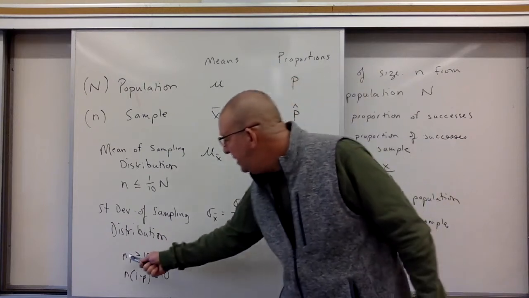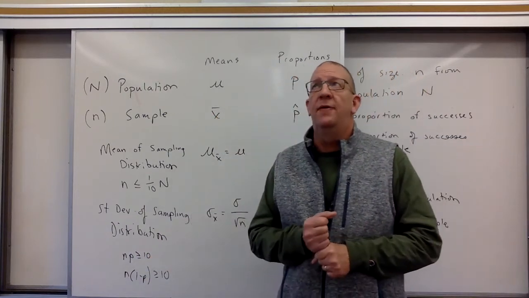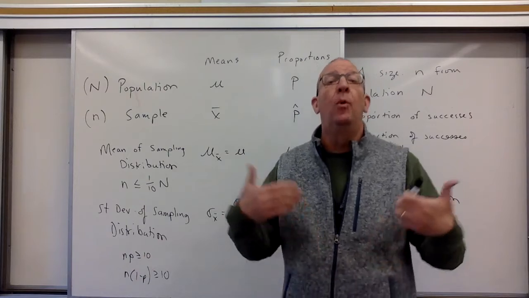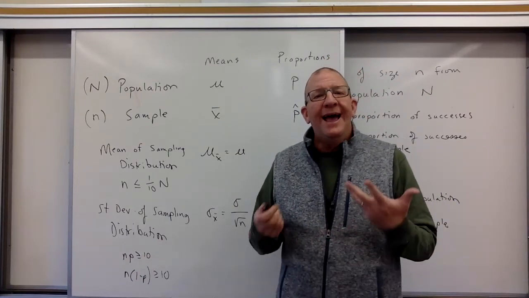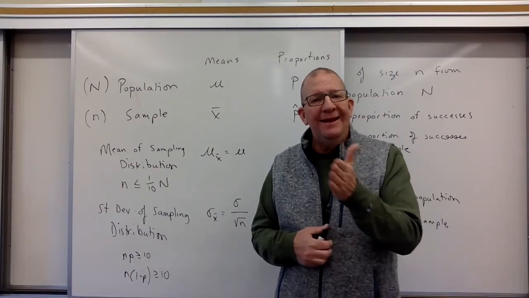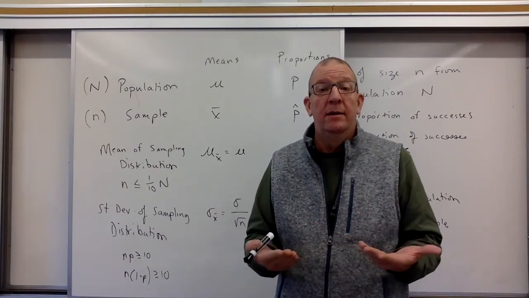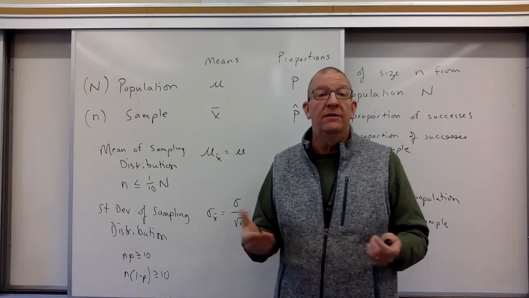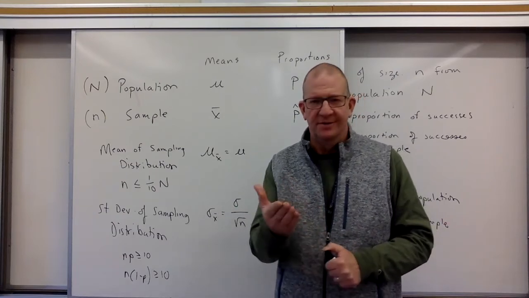And so the P here would be the proportion. So let's say you want the proportion of students that sleep more than 8 hours. You need the n and the p to be more than 10. So if it's 1,000, you need more than 1% of the students. So you see what I'm saying?